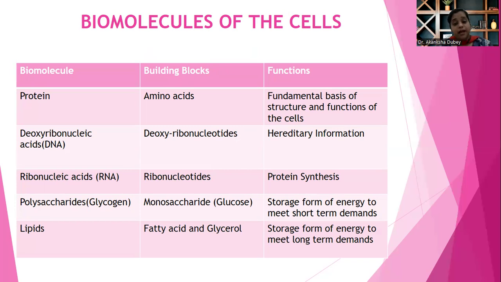Protein is made of the building blocks of amino acids and is the fundamental basis of structure and function of cells. Now, talking of the functions of DNA, which is deoxyribonucleic acid, and ribonucleic acid, they are the building blocks of DNA and RNA and usually involved in transfer of hereditary information or protein synthesis.